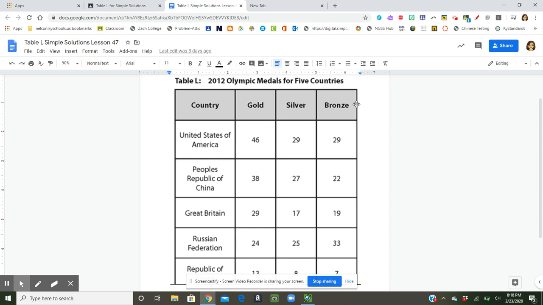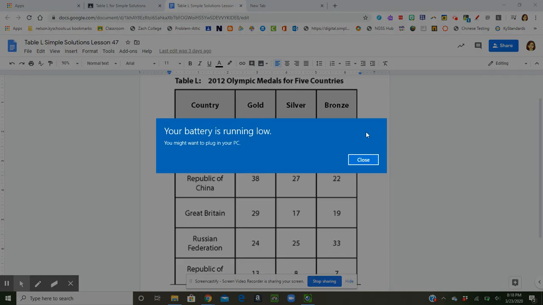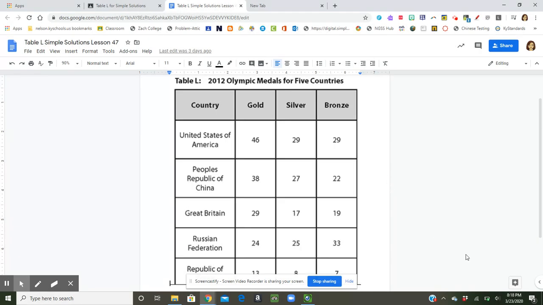So if I write those down from least to greatest, it would be 7, my battery's running low, 19, 22, 29, and 33. If you put these in order from least to greatest.